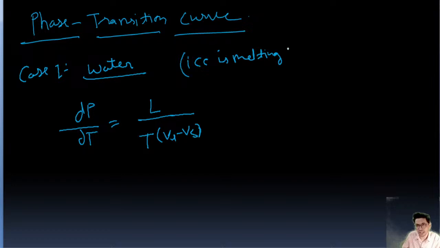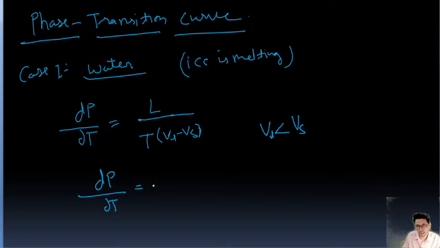So ice is melting, and dP upon dT equal to L upon T into VL minus Vs. Here, guys, VL is less than Vs. The volume of ice is greater than the volume of liquid. So in that case dP upon dT is going to be negative, because this sign is negative.